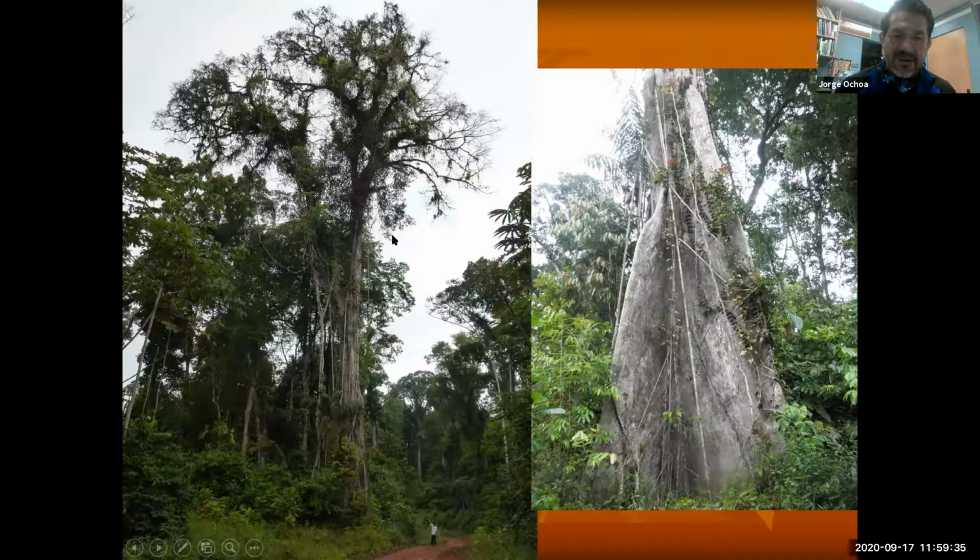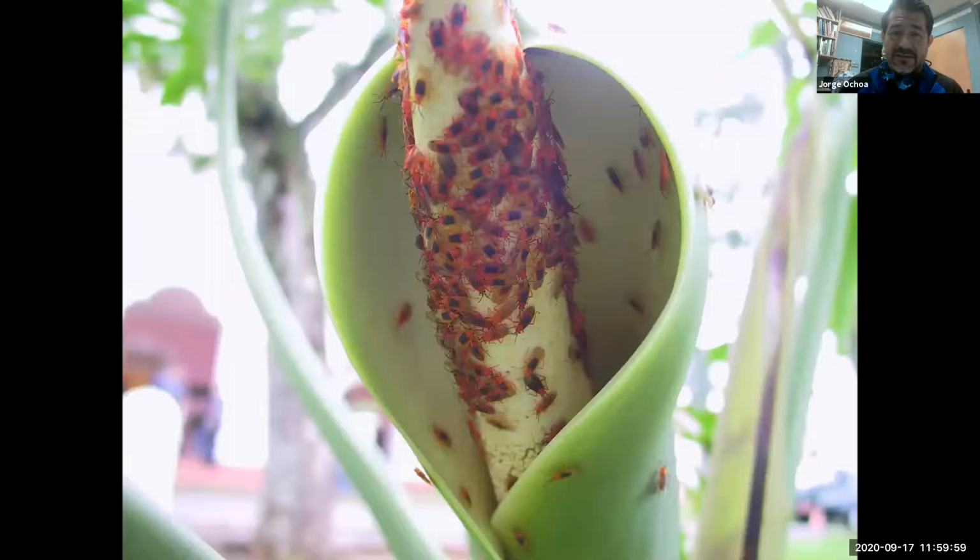The top is completely covered with epiphytes, all those plants that are growing on top. And you can see towards the base, where I took a photograph, some of the roots that have reached the ground, and where I have my hands, I'm also holding a few of the roots getting to the floor. So very long, very tall trees.